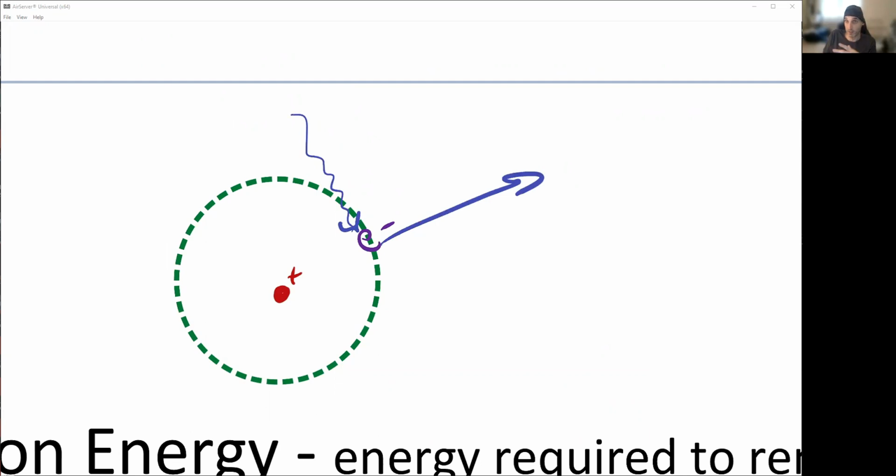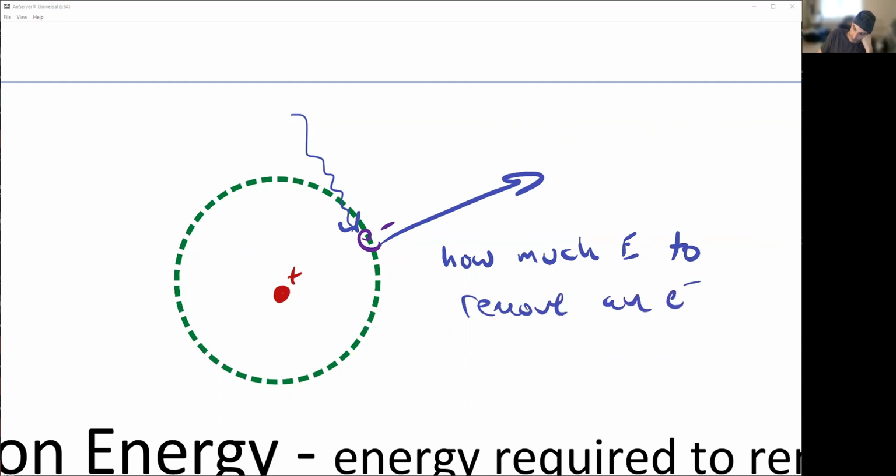We did this looking at spectroscopy, so energy is important here. Ultimately, the question is how much energy it takes to remove an electron. If I have some atom, I put some energy in, and what I form is a positive charge.